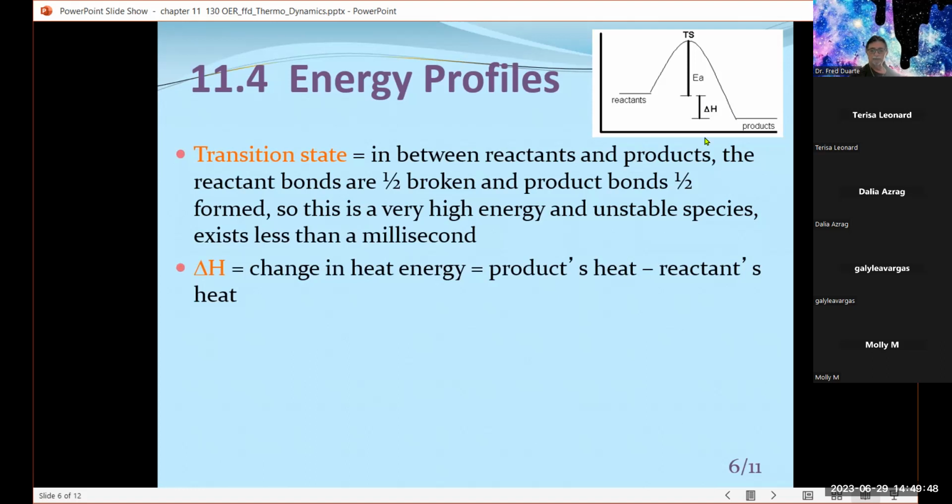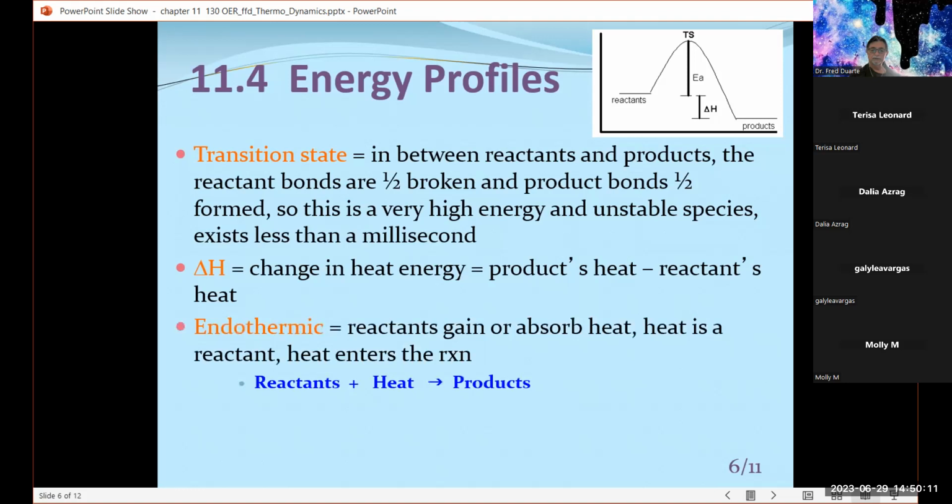Let me restate that. That is the difference between where the products ended up energy-wise minus where the reactants started energy-wise. So it's the product's heat or energy minus the reactant's heat. In this scenario, you'll end up with a negative delta H, implying that you have an exothermic process, okay?